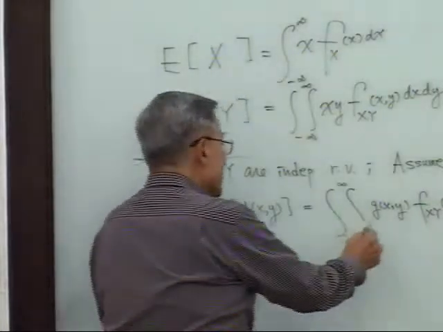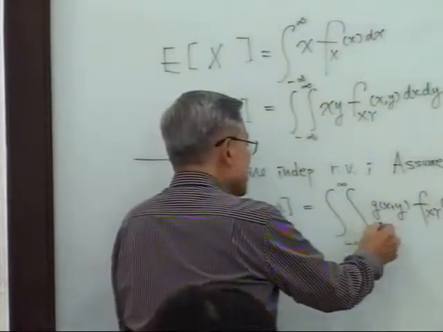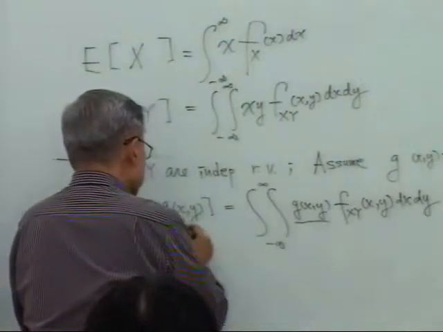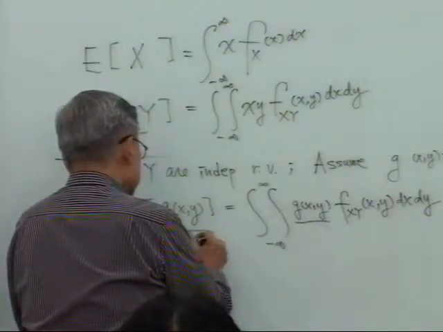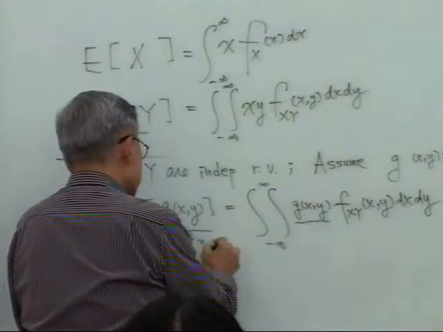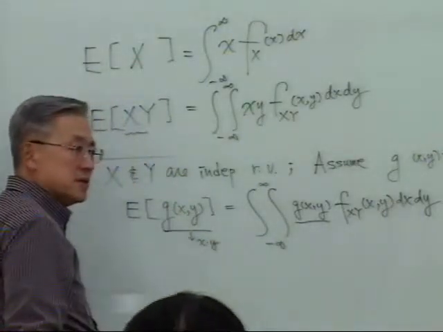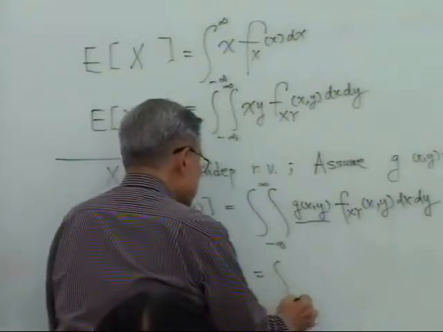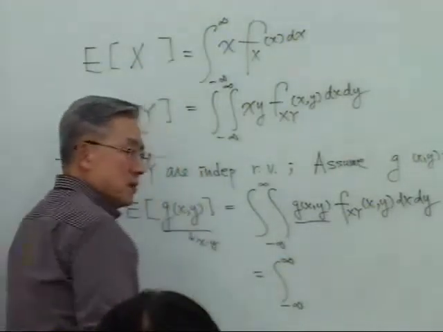Then here, I'm going to say let g(x,y) be equal to xy. If x and y are statistically independent of each other, you can split x and y.